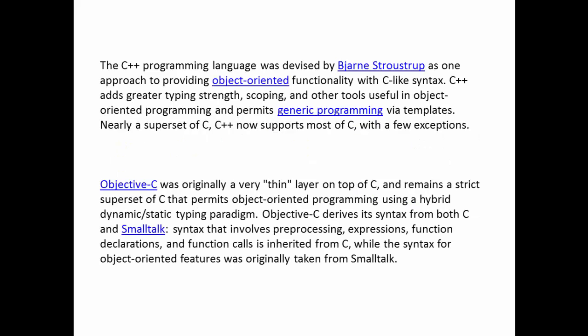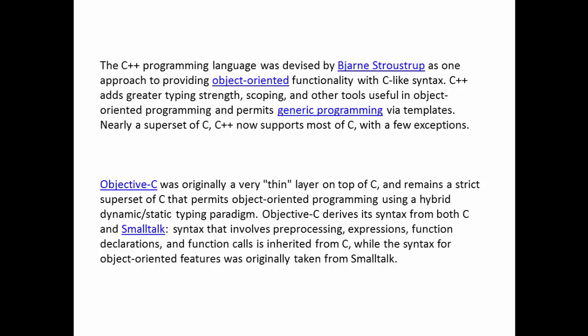Perhaps the most influential languages influenced by C were C++ and Objective-C. Both of them were considered strict supersets of the C programming language. Both of them were object oriented in nature, and they took the C-like syntax and added some object-oriented features to it.